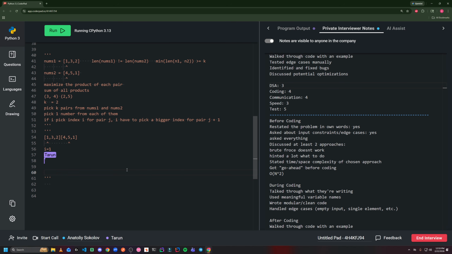So initially my i pointer is at 0 and j is at 0, right? So I'm having three options, which is skipping i, or skipping j, or considering the pair. That means we should do both.